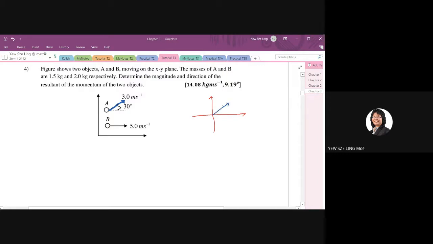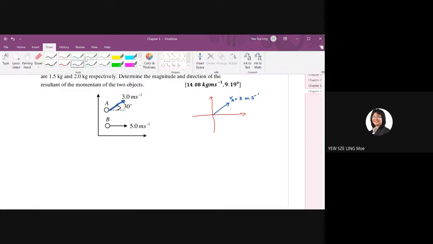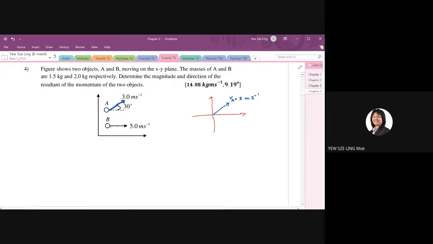So this is my vector A, moving with a velocity vA equals 3 meters per second. And for this one, I'm going to color it green. This green color vector, what am I going to do now? I'm going to move it again.